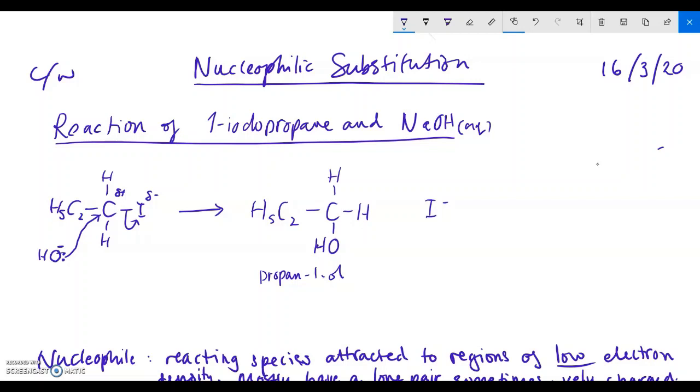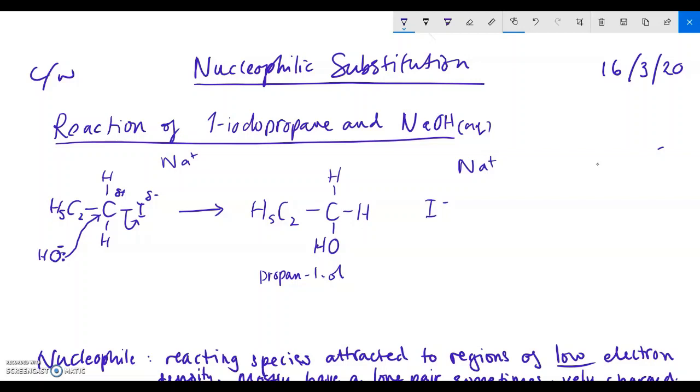Now, of course, in both cases, we have the Na plus present as a spectator ion. Sodium hydroxide is used in this case so that the sodium can dissociate from the OH minus. It's a soluble compound, but the sodium itself is a spectator ion.